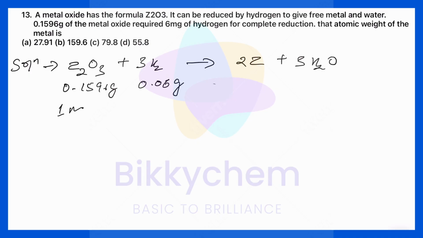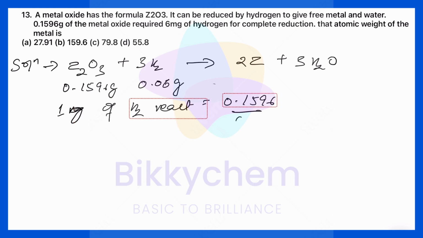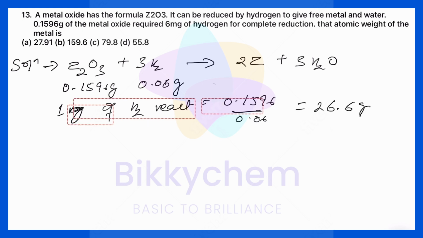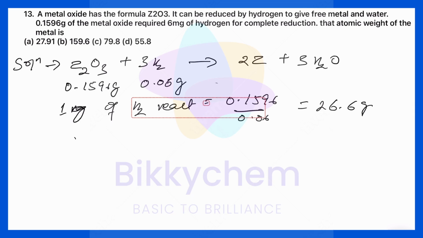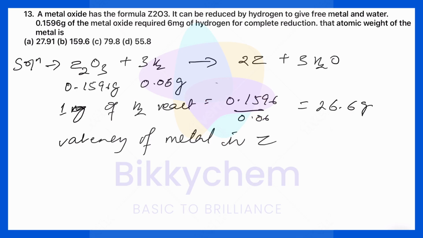1 gram of hydrogen reacts with 0.1596 divided by 0.06, which is 26.6 gram of oxide, and the valency of metal in Z2O3 is 3.